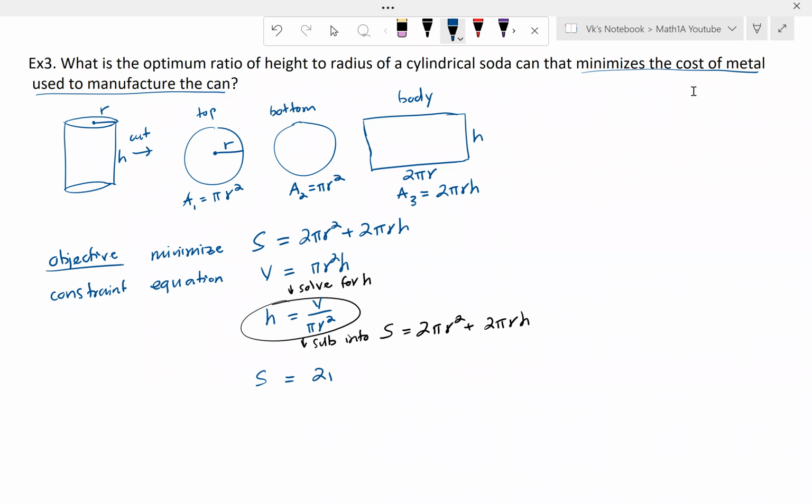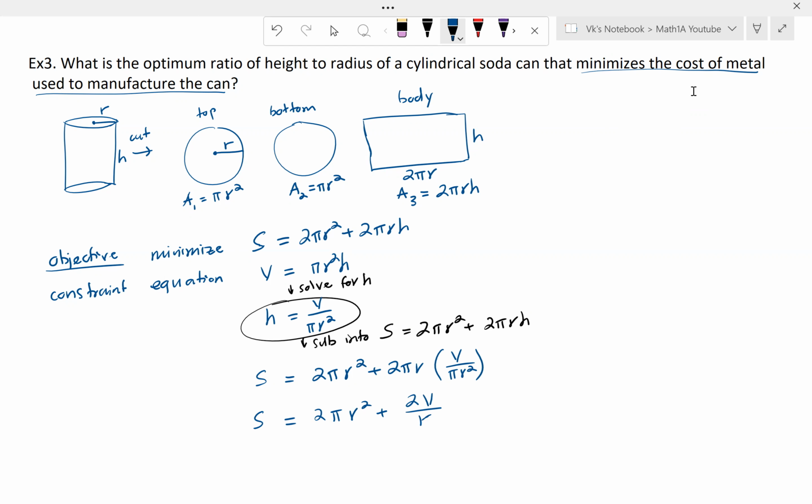Surface area becomes 2 pi r square plus 2 pi r, h is v over pi r square. Now we have 2 pi r square plus 2 v over r.